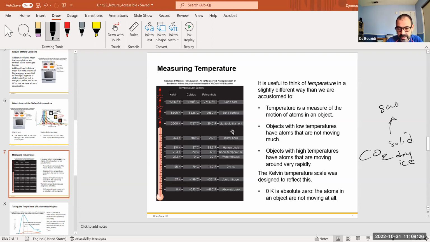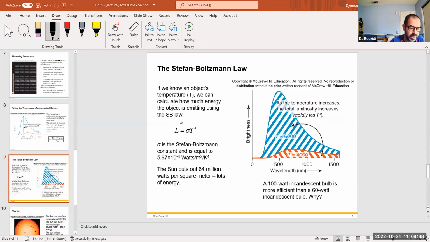Now, light bulb filament, this is the tungsten, not the modern one that uses LED technology or anything like that. This is the incandescent light bulb.